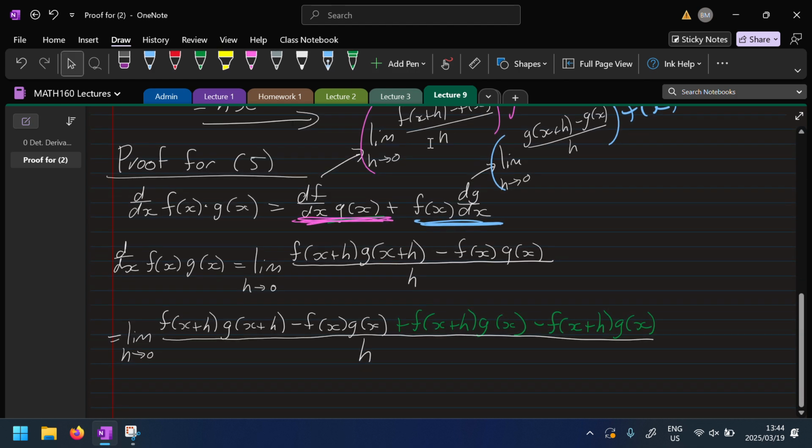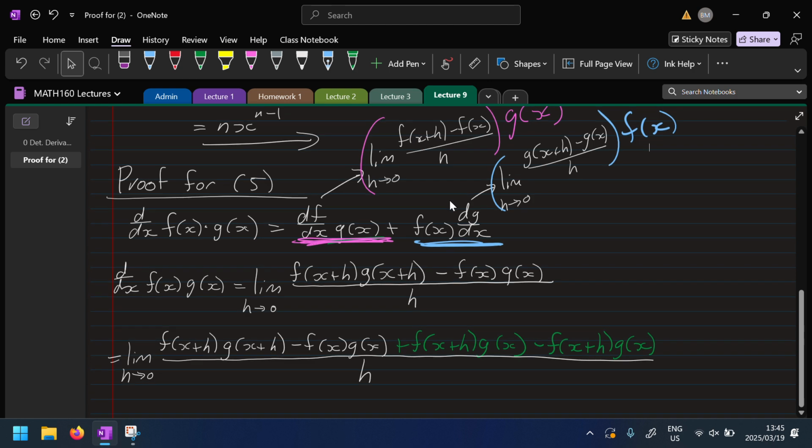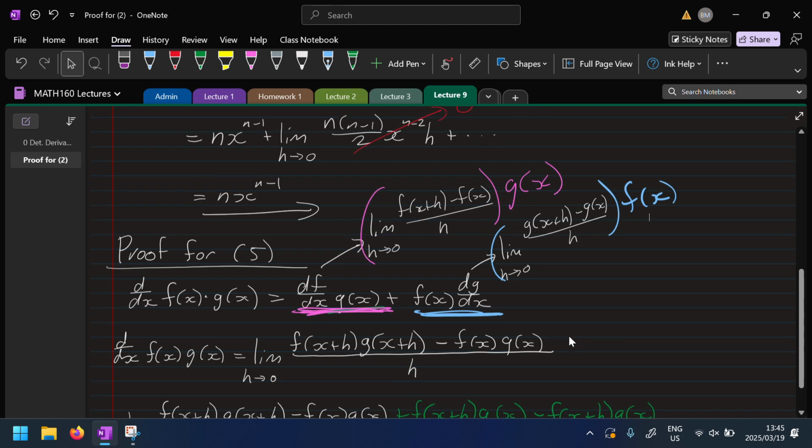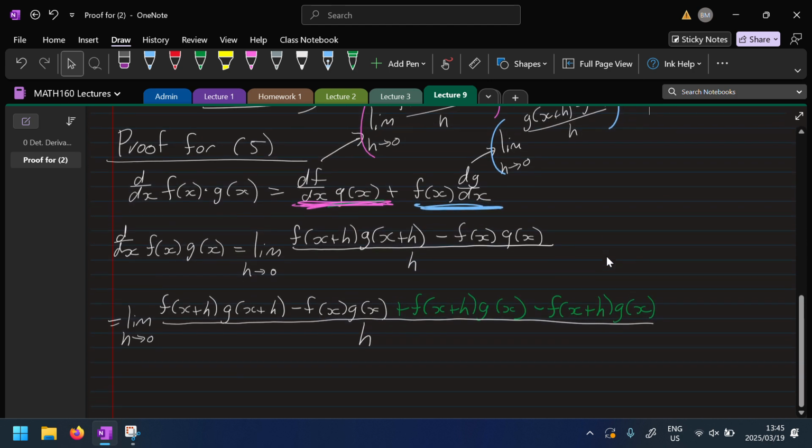So what we want to do is look at this. We've got some number of terms. We want to rewrite it so that the first 2 terms give us this part in pink. And the second 2 terms, doing some reorganization, gives us this part in blue. Okay, so what are we going to do?